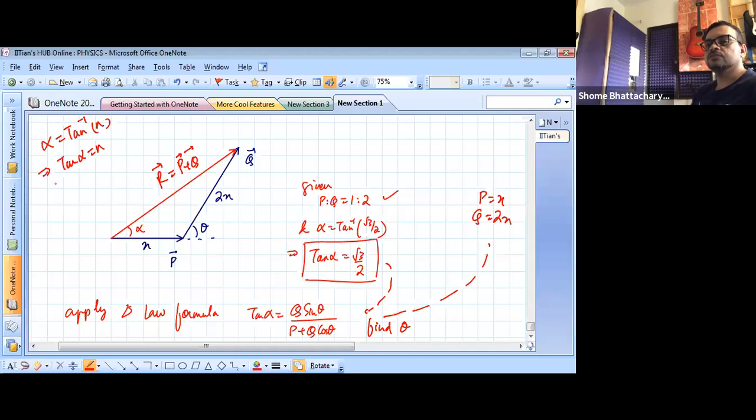So for example, if I say that beta is tan inverse of root 3, that means tan beta is root 3, so beta is nothing but 60 degrees. This is how we solve this.